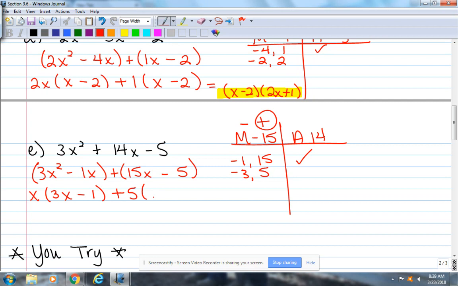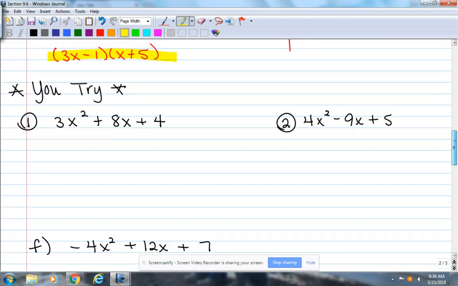And what times 5 is 15x? Minus what times 5 is -5? And now I'll have the same in both parentheses. So what are my two binomials? x plus 5. Any questions? Okay. I want you guys to try these two.